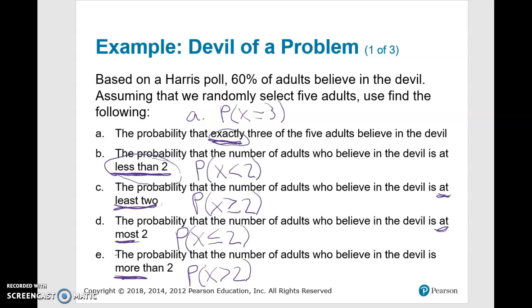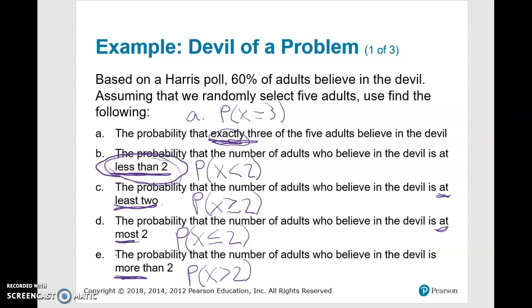We can use the cue words in each phrase in order to write our desired probability in symbolic form. For A, we have the word exactly. So we're going to write probability of X equals 3. For B, the cue word is less than 2. So we're looking for the probability of X less than 2.